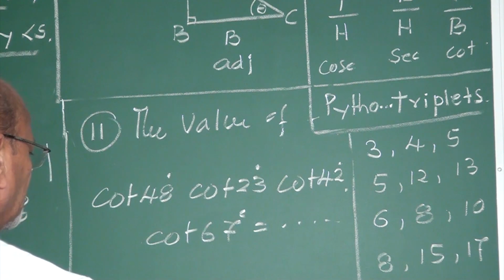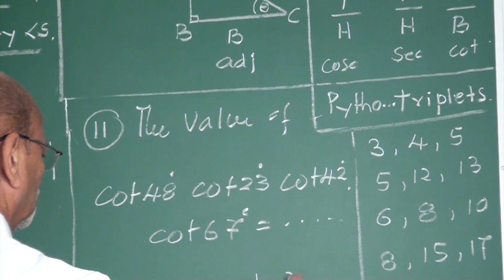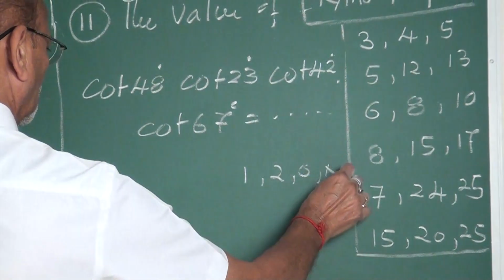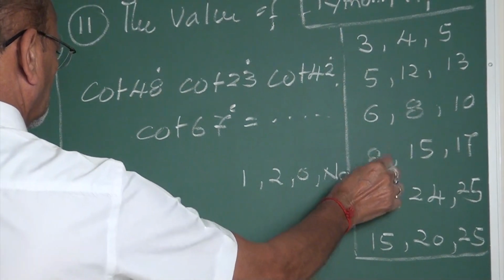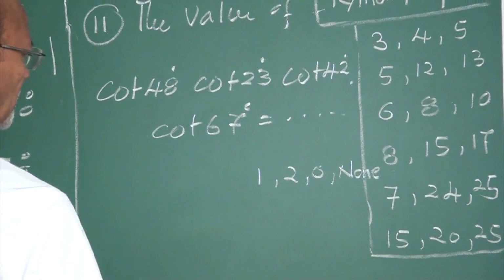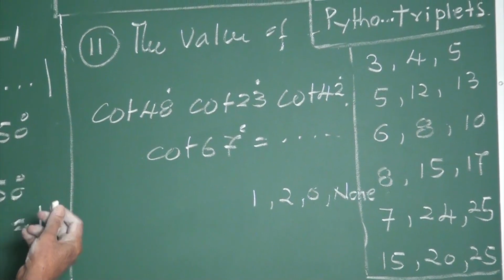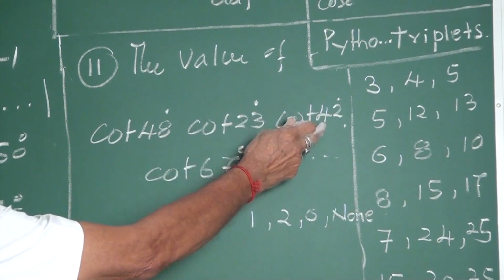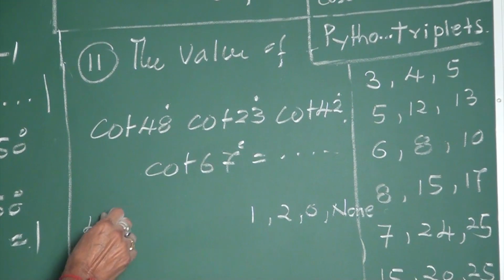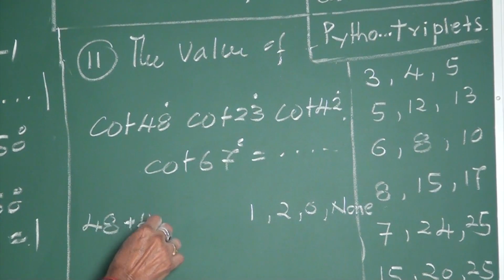The options are 1, 2, 0, none of these. Yes, cot and tan product. What about 48 and 42? 48 plus 42 is 90 degrees.